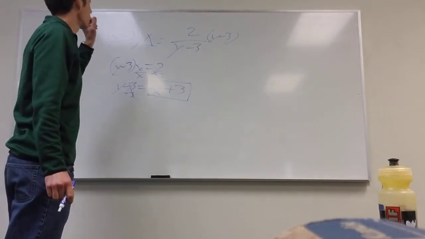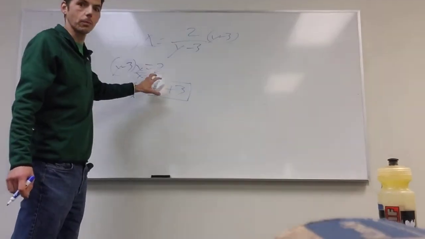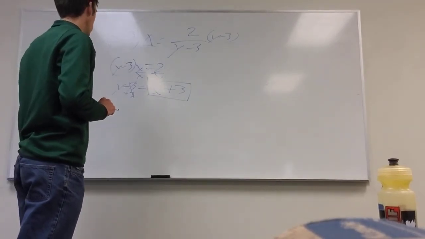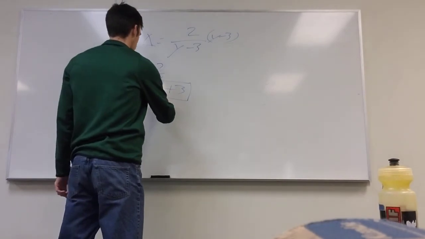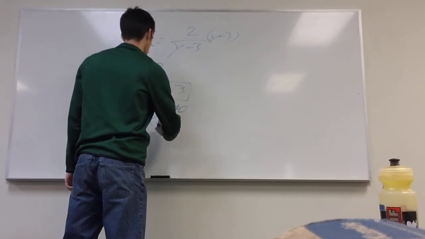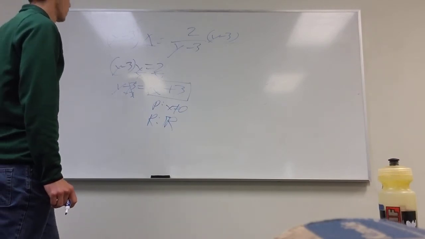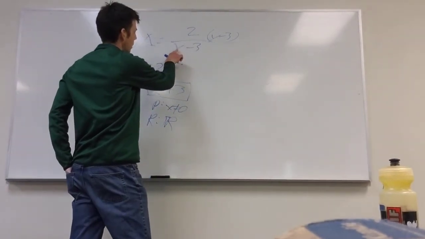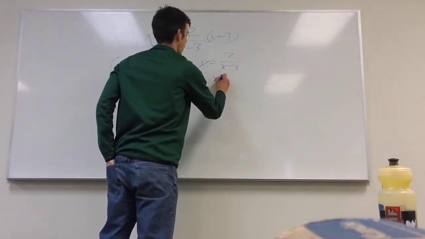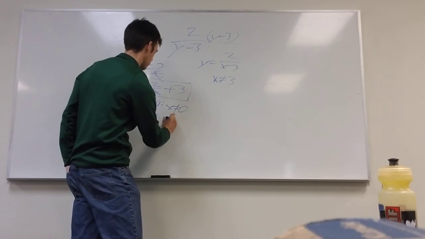And in my other one, remember y can never be 0, in the range of my original function, so now x cannot be 0 in the domain of my inverse function, okay? So I've got y equals, this is my inverse. Domain, x cannot be 0. Range should be all real numbers except 3, it can never be 3, because in my original function, y equals 2 over x minus 3, x cannot be 3, so my domain of my original function becomes the range of this one.